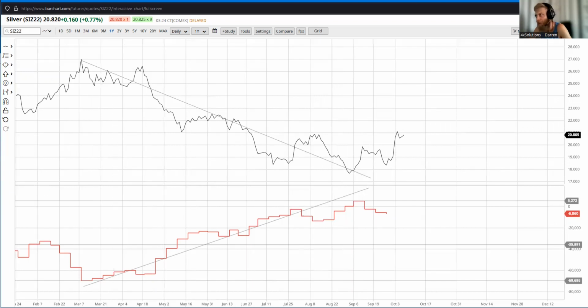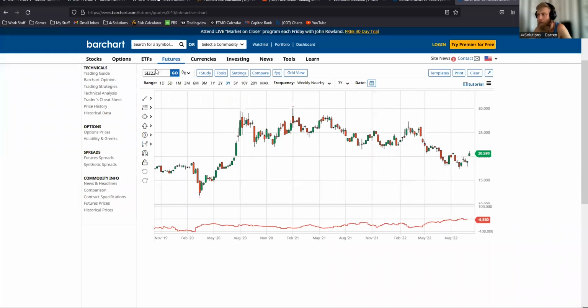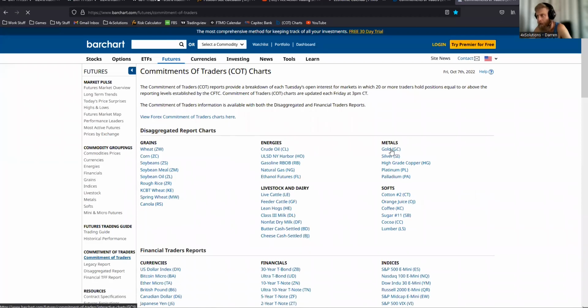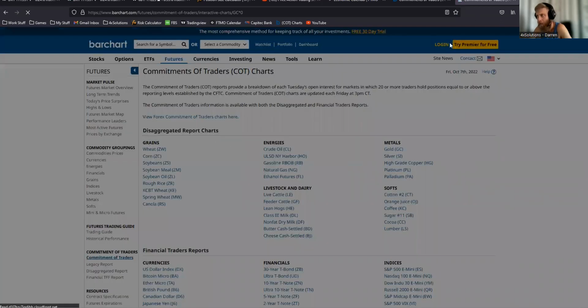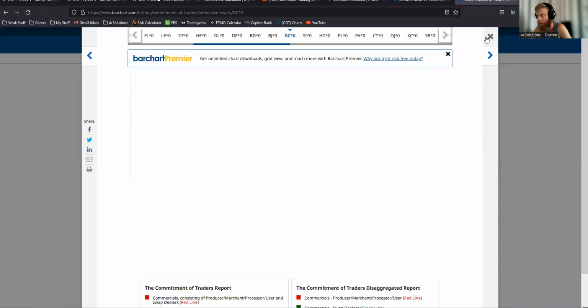Okay, let's substantiate this claim with gold. So let's look over here, the futures commitment of traders report, and then we're going to do gold.